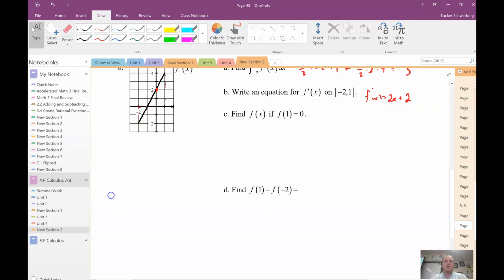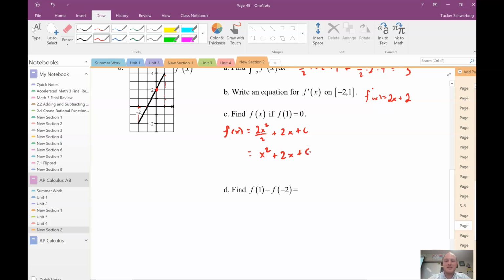They want you to find f of x if f of 1 is equal to 0. In order to find f of x, I take my derivative and integrate. This gives us 2x squared over 2 plus 2x plus c, so x squared plus 2x plus c.